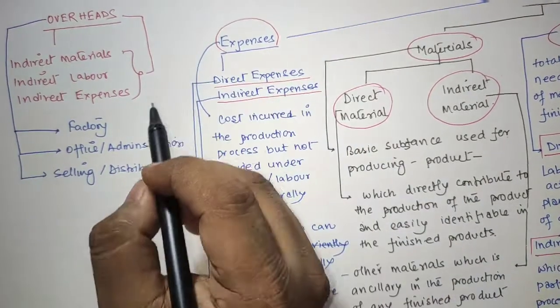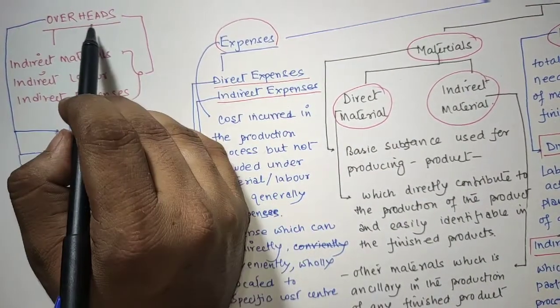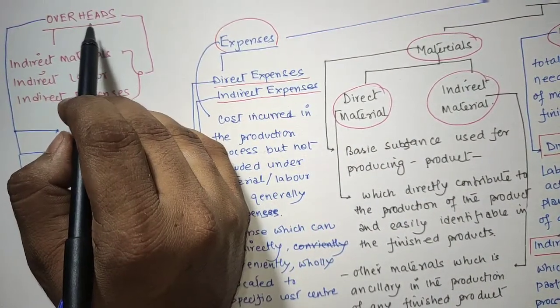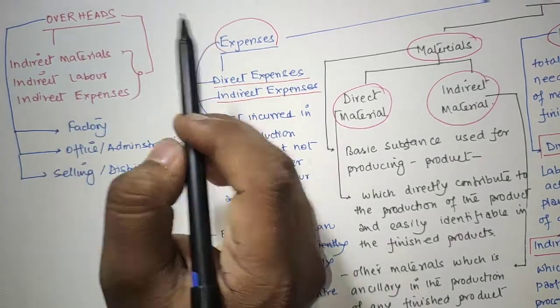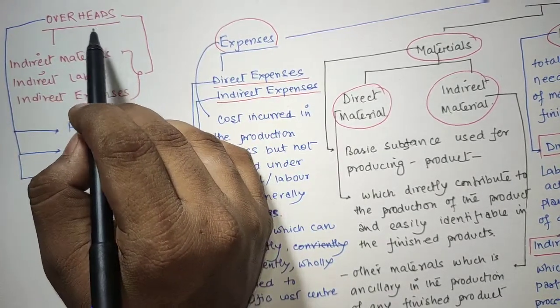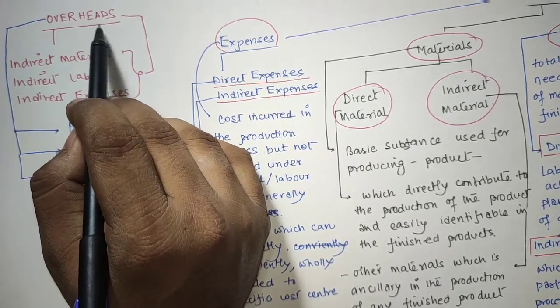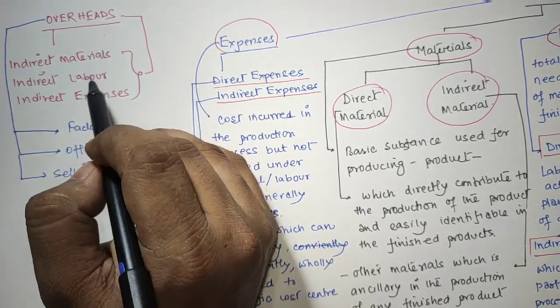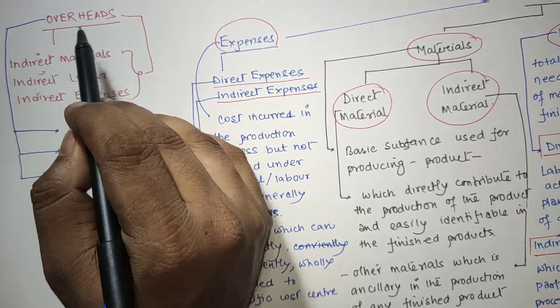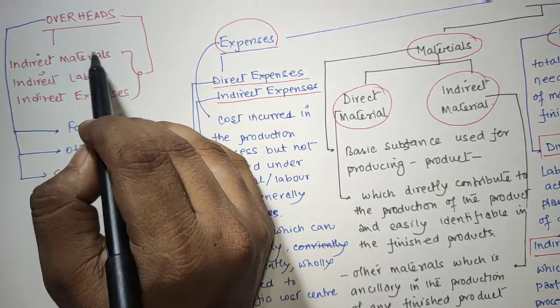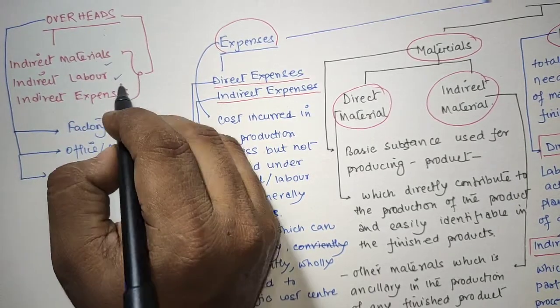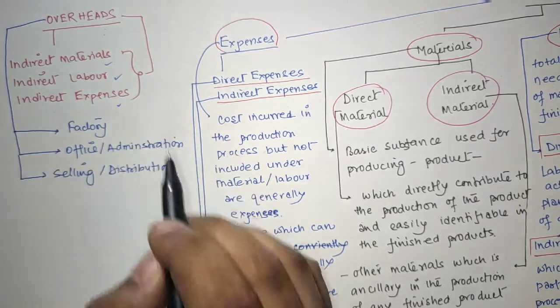In case of overheads, people generally use the terms overhead and indirect expenses synonymously, but it needs to be understood that overhead has a wider meaning than indirect expenses. Overheads include the cost of indirect material, indirect labor and indirect expenses.